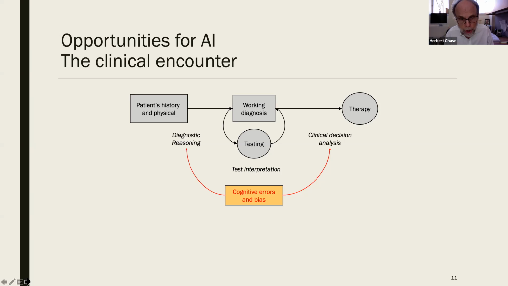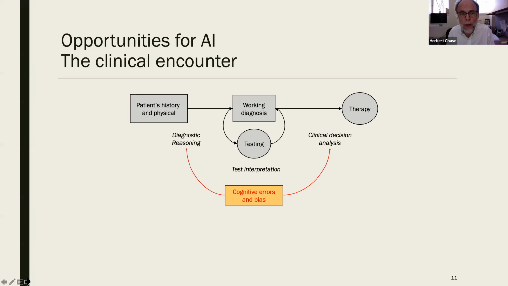This involves some serious clinical skills, which is one of the other things I teach here at the medical center. Diagnostic reasoning, how do I go about coming to the right diagnosis, and clinical decision analysis, how do we come up with the best decision? And both of those skills are somewhat plagued by cognitive errors that I've mentioned before. And we also teach that to the medical students.